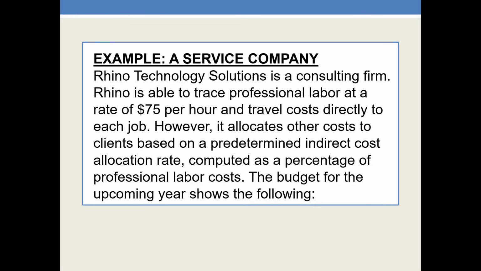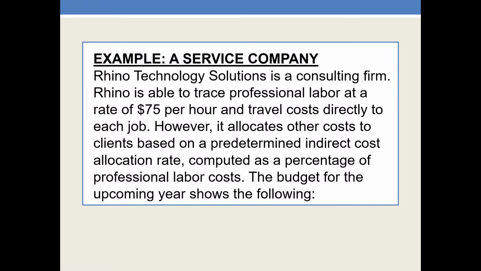Rhino Technology Solutions is a consulting firm. Rhino is able to trace professional labor at a rate of $75 per hour and travel costs directly to each job. However, it allocates other costs to clients based on a predetermined indirect cost allocation rate computed as a percentage of professional labor costs.